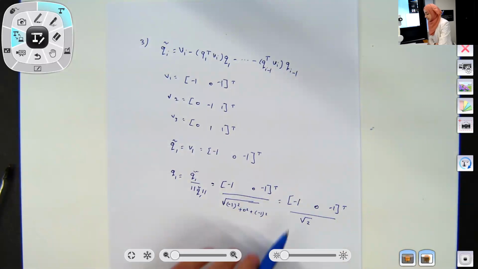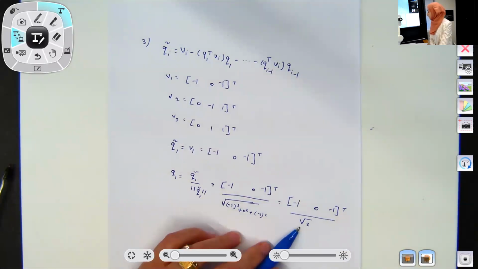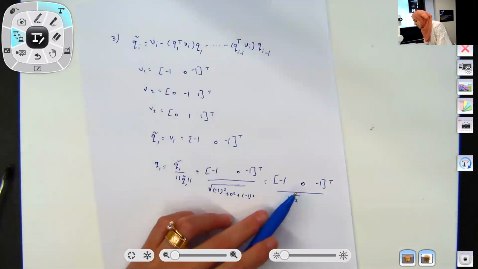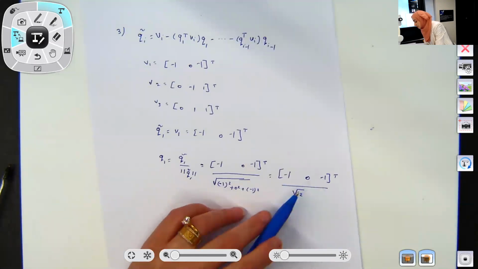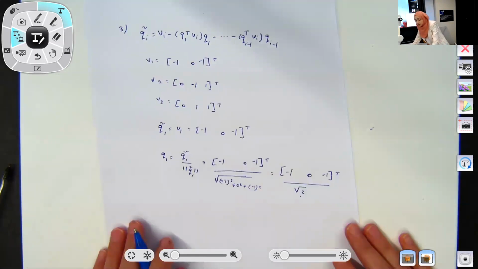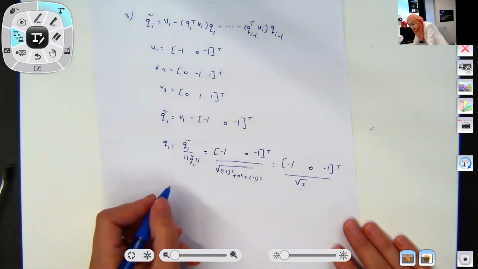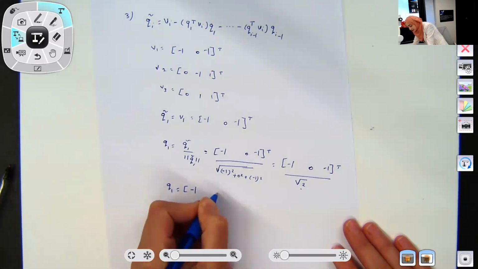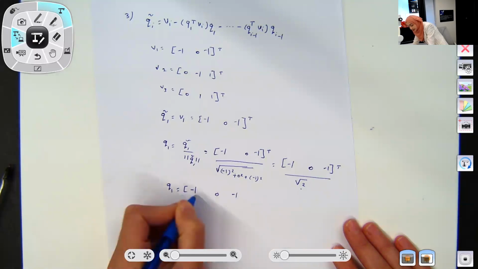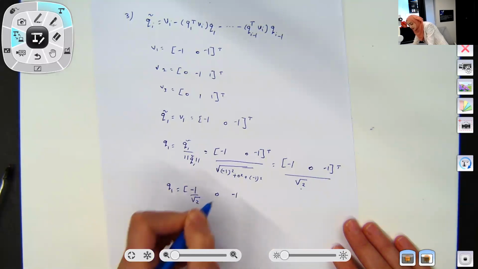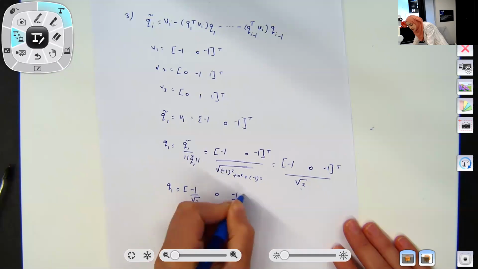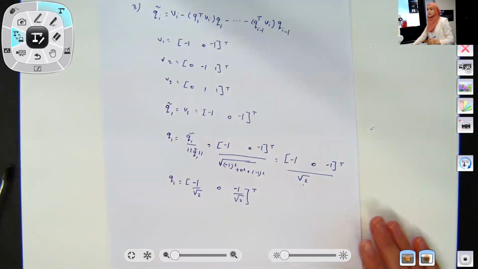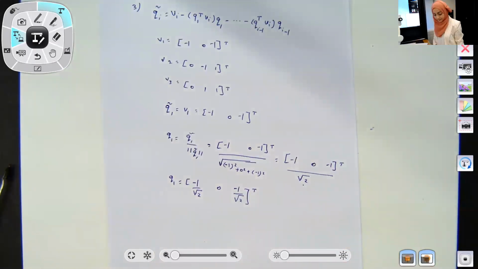So we need to divide minus 1 over square root of 2, 0 over square root of 2, and minus 1 over square root of 2. So this is the value of the Q1. So Q1 here equals minus 1 over square root of 2, 0, and minus 1 over square root of 2 transpose. So this is the value of Q1.